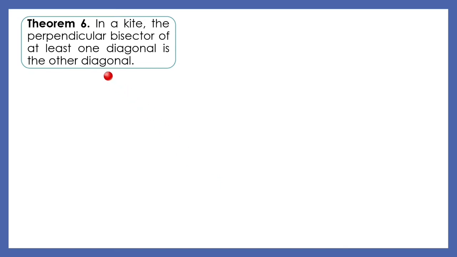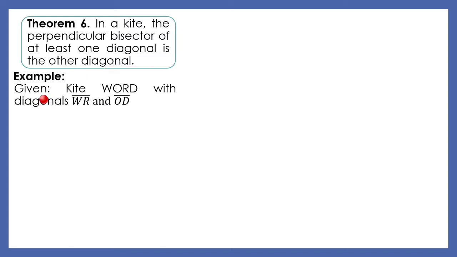Okay, so this is the first theorem. In a kite, the perpendicular bisector of at least one diagonal is the other diagonal. To prove, let us have an example. Given kite WORD with diagonals line segment WR and line segment OD.